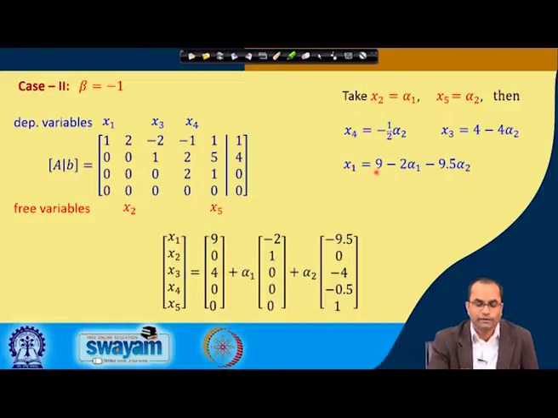For example, we have 9 minus 2, so minus 2 was with alpha 1. So, minus 2 here, and with alpha 2 here in x1 we have minus 9.5, which is taken here in this vector.